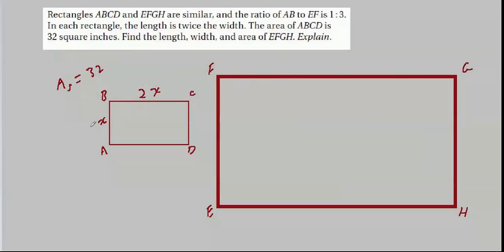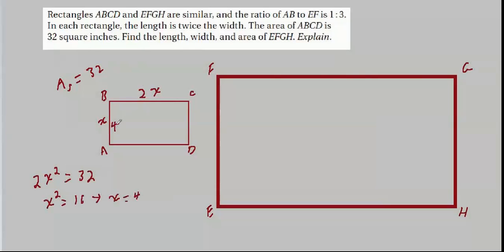So what we have here is 2x times x, or 2x squared equals 32. X squared equals 16, or, of course, x equals 4.